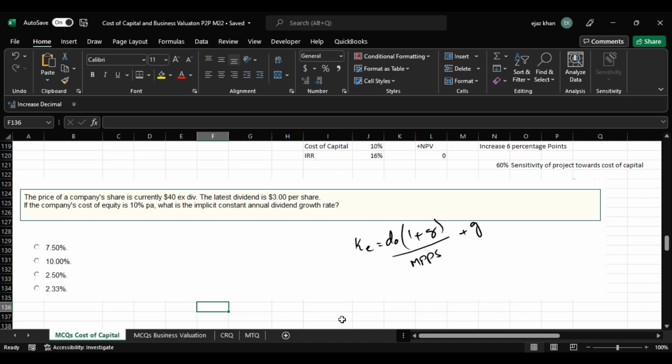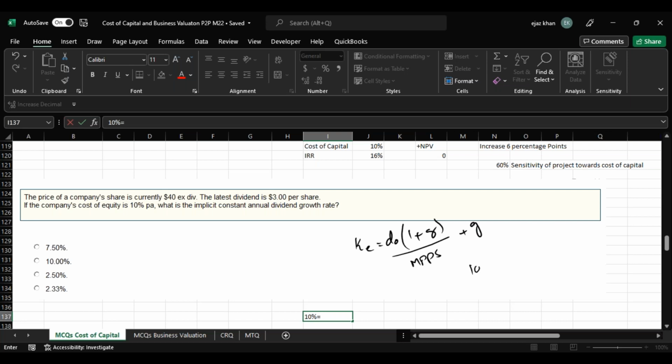We have to put values first, and let's see. The cost of equity is 10%, is equal to, okay, let's write it with the help of a pen now.